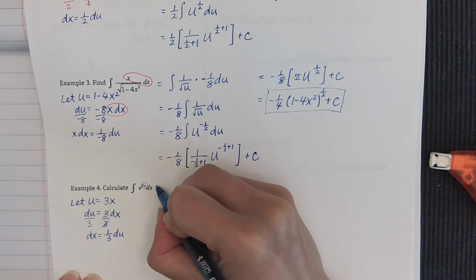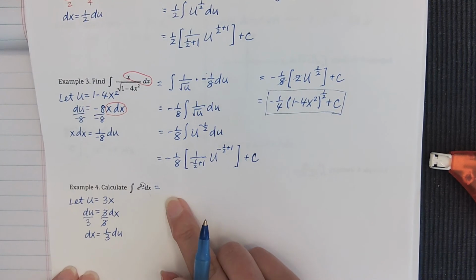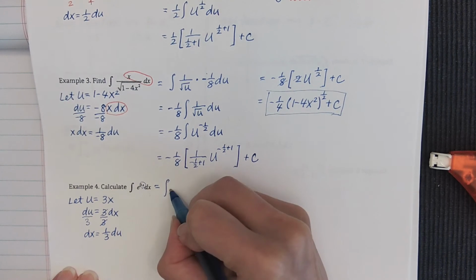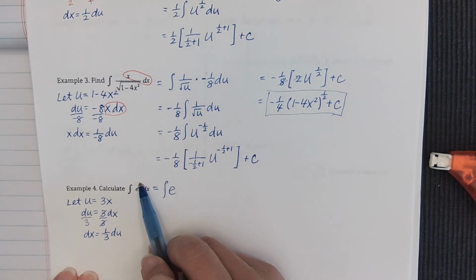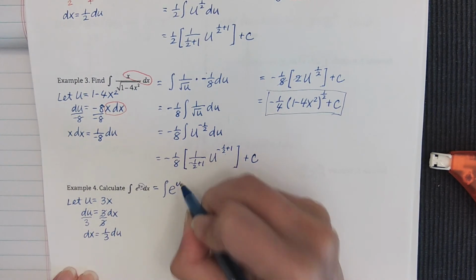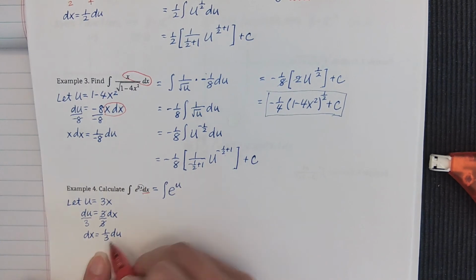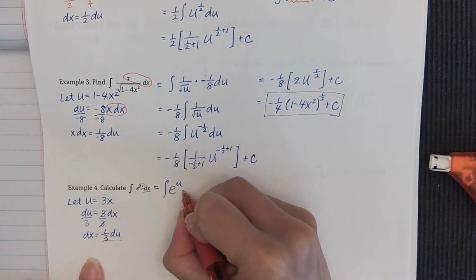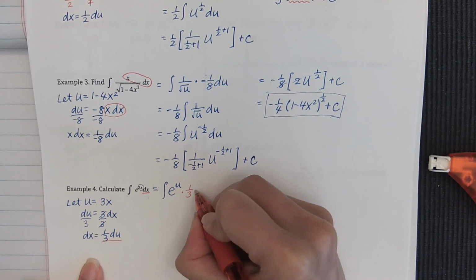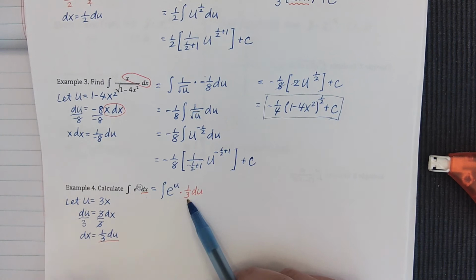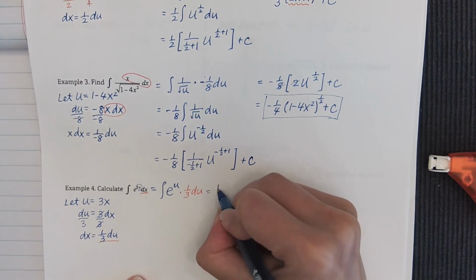So what's that? The integral of e to that part we called the u sub, e to the u. Then what's the dx set to? 1 over 3 du. So it's 1 over 3 du. Again, 1 over 3 is a constant, I don't need it inside, so 1 over 3 is out.